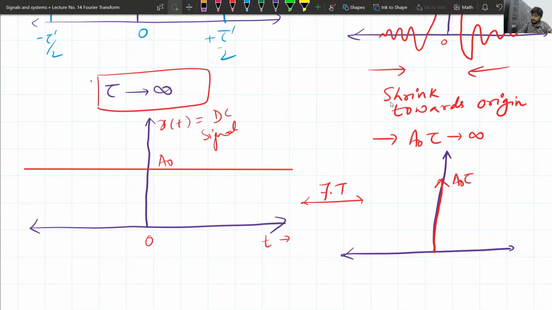We can imagine a sampling function under the limit tau tends to infinity, making the rectangular signal a DC signal. Then its corresponding sampling function in frequency domain becomes a delta function.